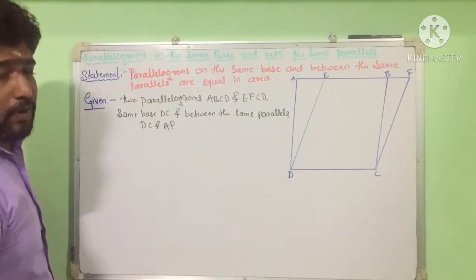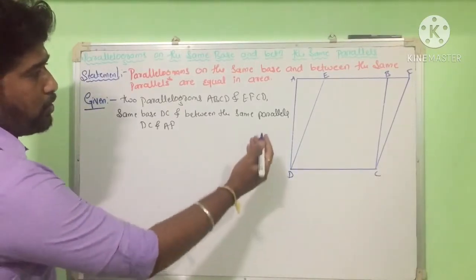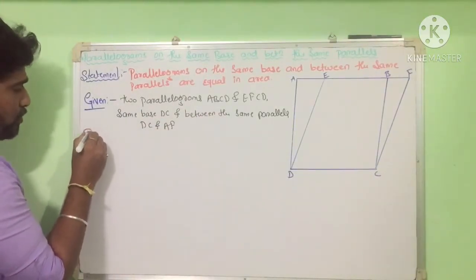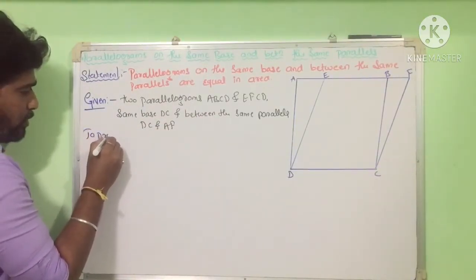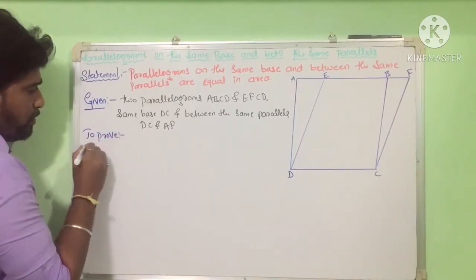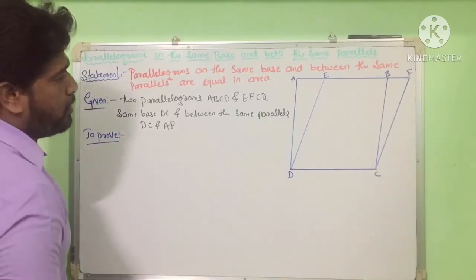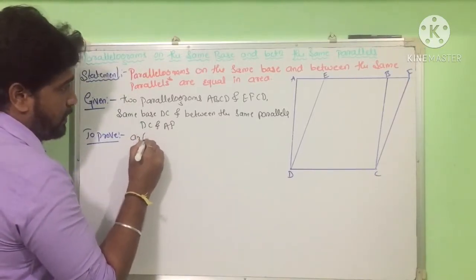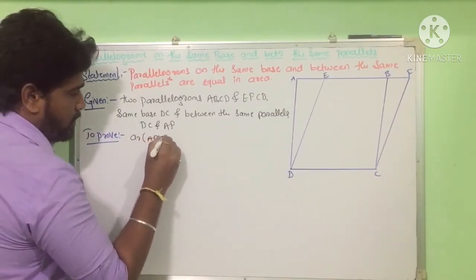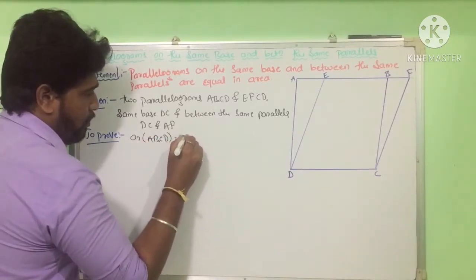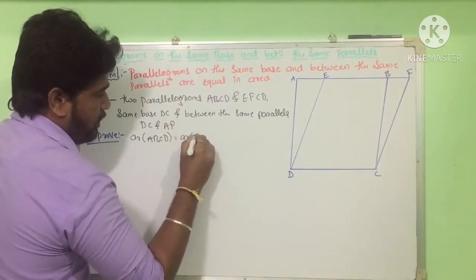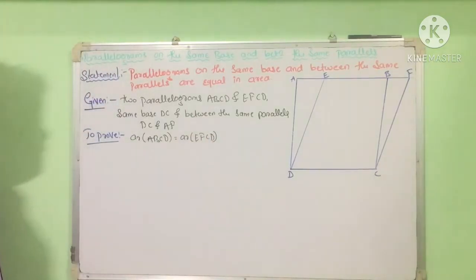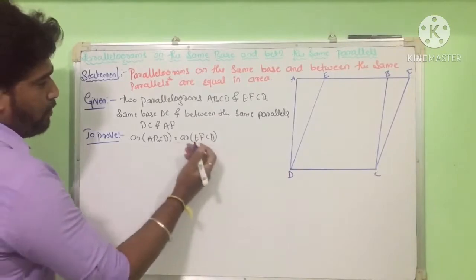So this much is given. Here we want to prove these two parallelograms are equal in area. So to prove: area of ABCD is equal to area of EFCD, right? So this one we want to prove here.